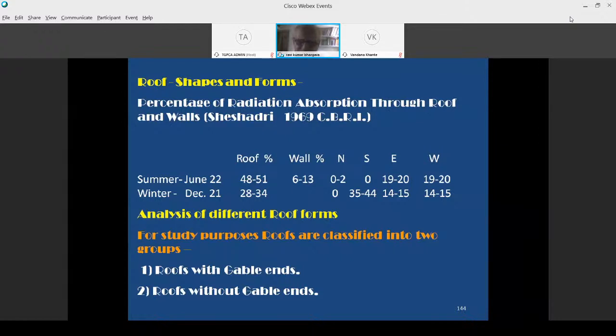At that time, the whole roof will be exposed. Otherwise, with a sloping roof, one part will be exposed and another part will be in shade.